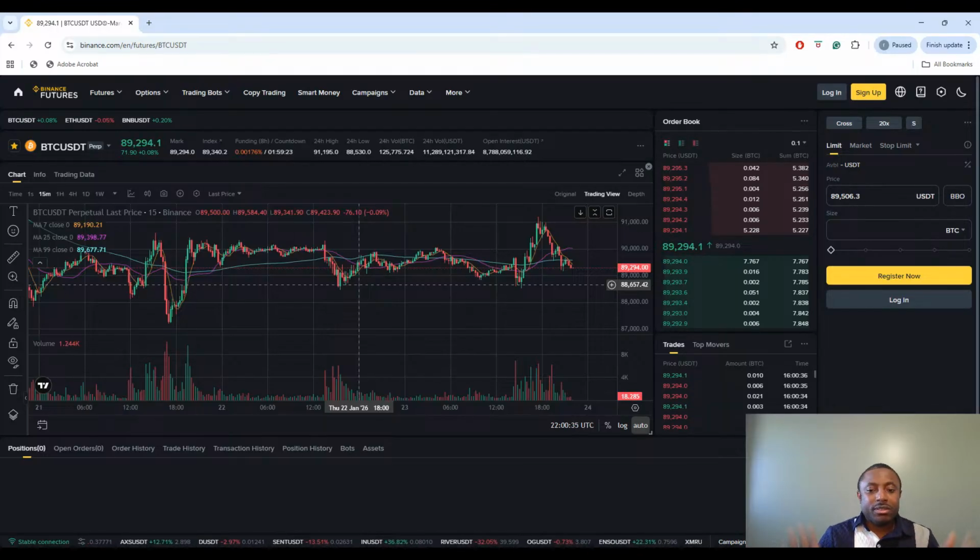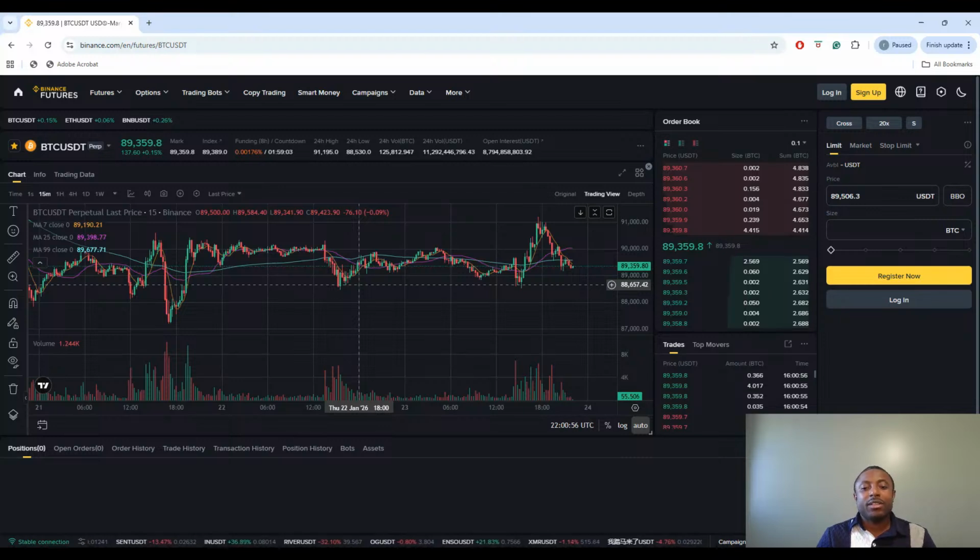There are a lot of different indicators, but we have the leading indicators and the lagging indicators. The leading indicators predict where the price is going, or what's going to happen.